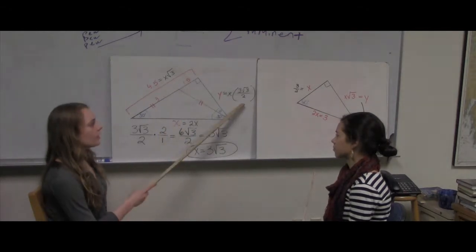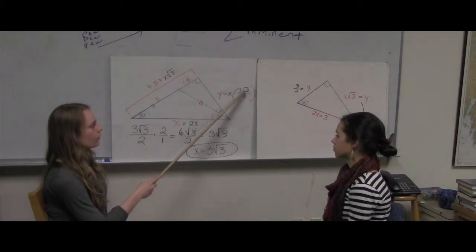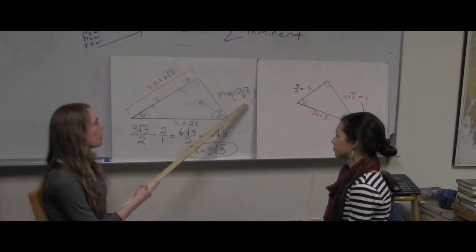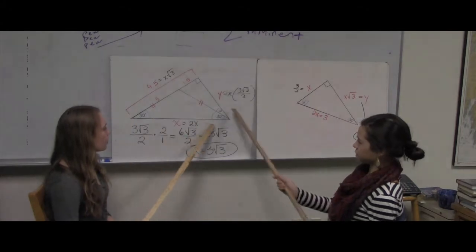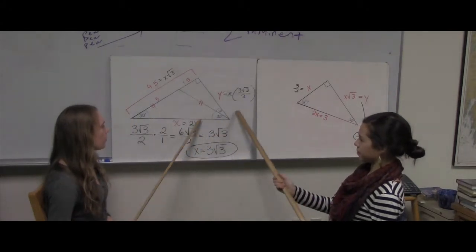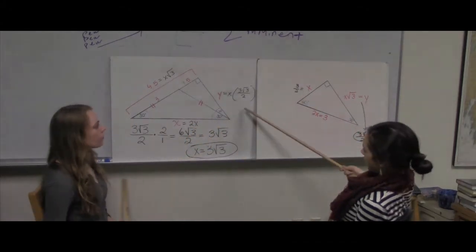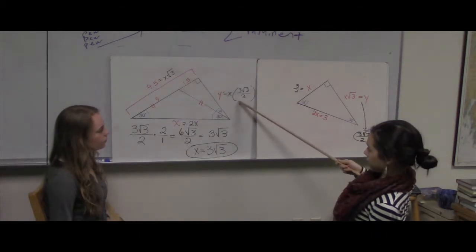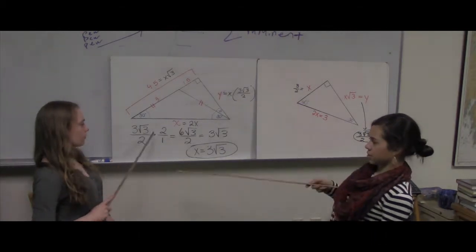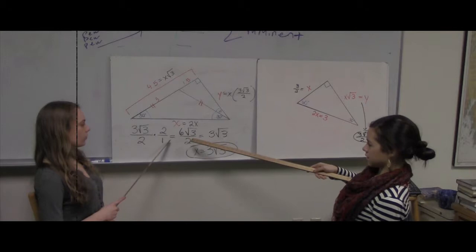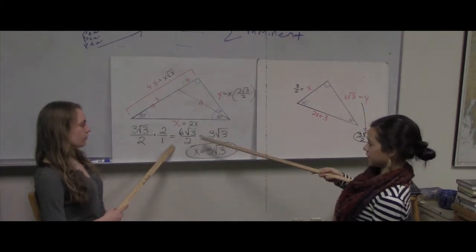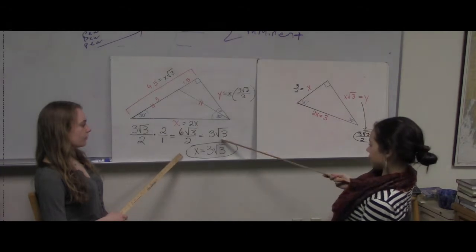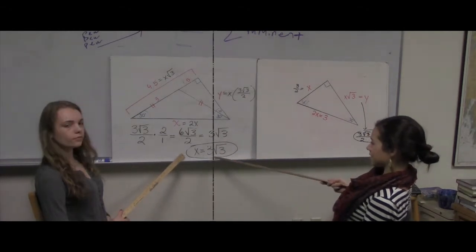Since the short side is 3 root 3 over 2, and we're trying to find x, which is 2x in this diagram, we can just multiply 3 root 3 over 2 by 2. So we get 6 times the square root of 3 over 2, which is 3 square root 3. So that's x.